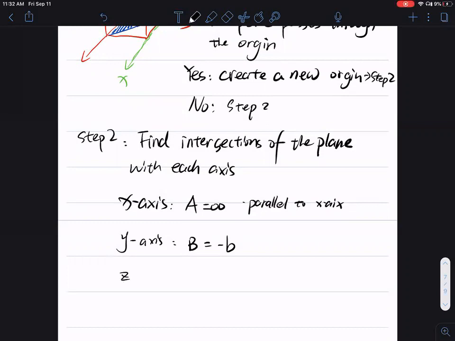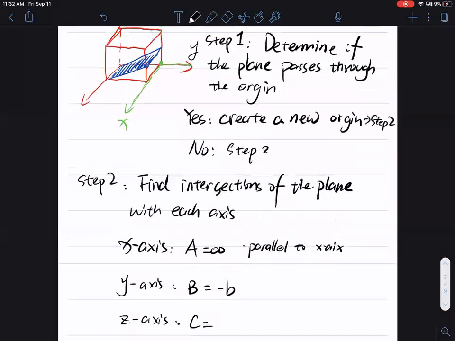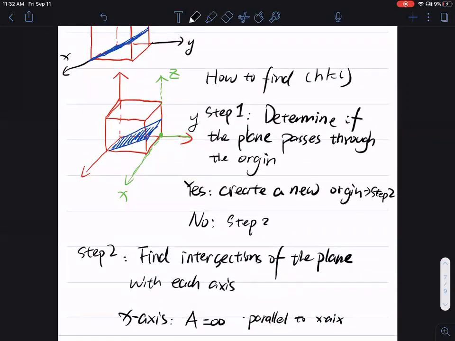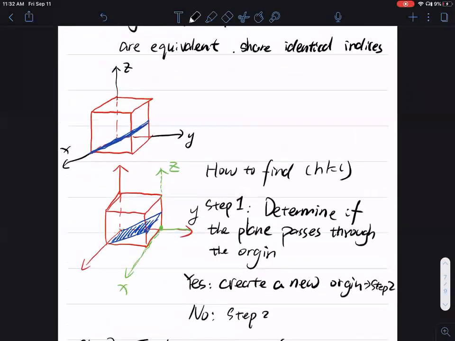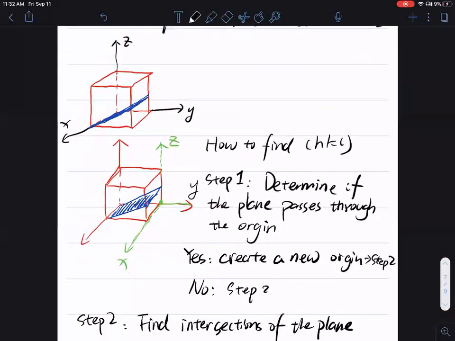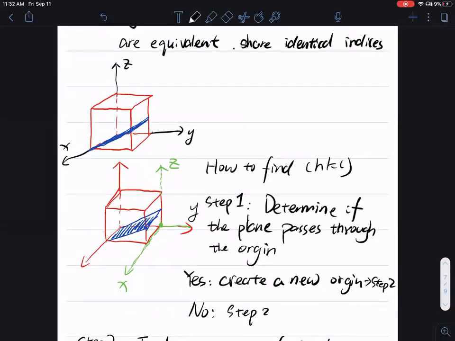Okay, now let's look at z. What is the interception on the z-axis? Z is vertical, and that plane has an interception which is, yeah, I forgot to mention that that point is half the length of that Z direction.